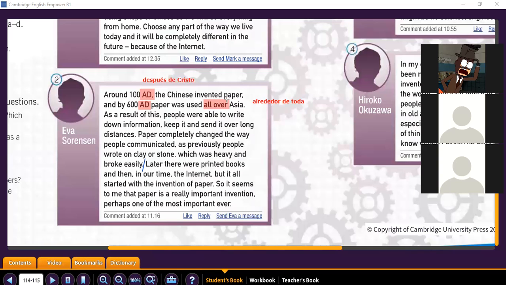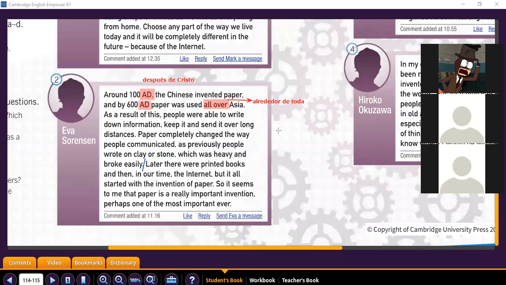As a result of this, sí, como resultado, people were able to write down information, keep it, and send it over long distances. ¿No? Como resultado, la gente ya podía escribir la información en el papel, mantener esa información, guardarla y enviarla hacia distancias lejanas, ¿verdad?